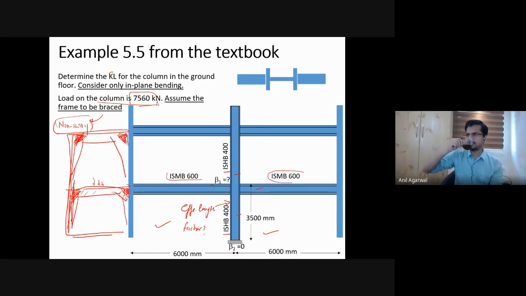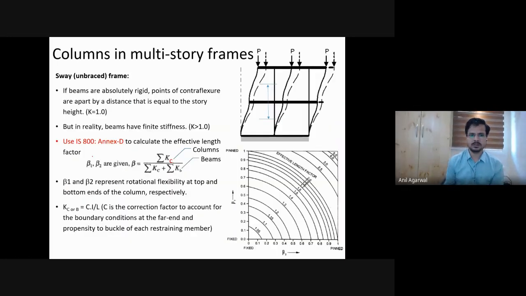Because for calculation of KL, all we should have needed was what members are there and how much rigidity they are offering. You will see that in the process, when you calculate C, there was a factor called C here, right? This effective length factor depends on betas. These betas depend on KCs. These KCs depend on CI by L. So yes, I and L play a role.